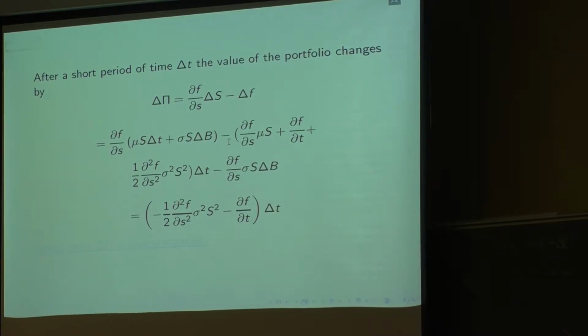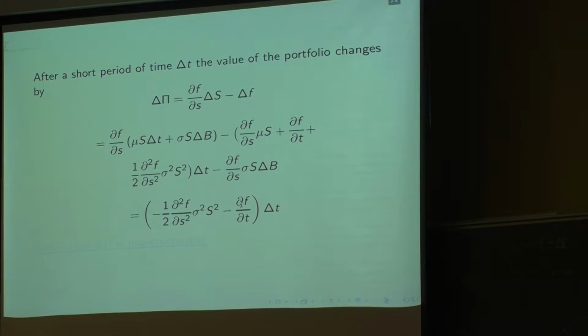And just as in the case where we constructed this portfolio when we were working with binomial trees, what we get is that the change in the value of the portfolio is known in advance. There is no Brownian motion here. There is no source of noise. When you look at this, this is a number. If you observe the price now of the underlying asset, if you observe what is S at time t, and you ask yourself, what's going to be the change in the value of this portfolio? Well, this is a number now, and this is a number, and this is another number.